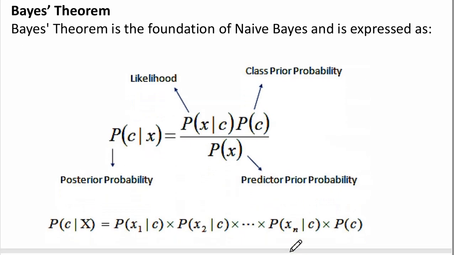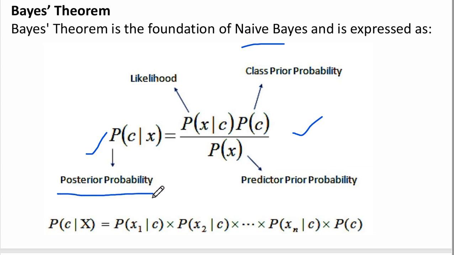I already told you naive Bayes works based on Bayes theorem, which we also call posterior probability. Bayes theorem is the foundation of naive Bayes, and it can be expressed with a formula.